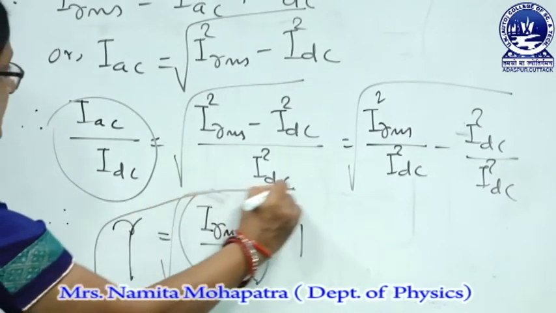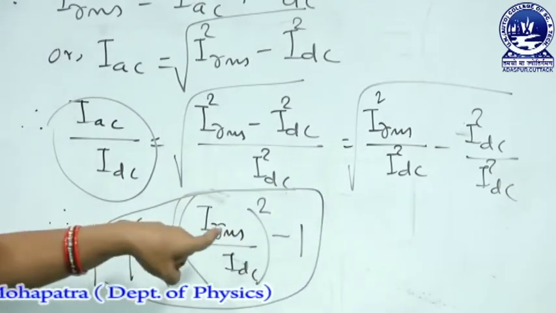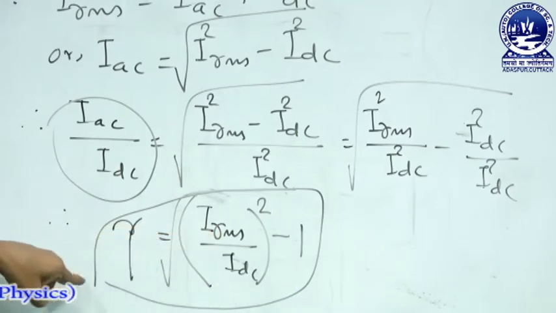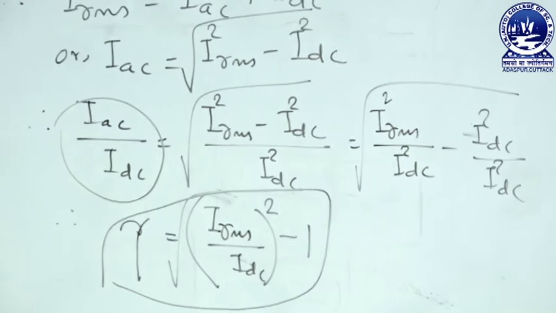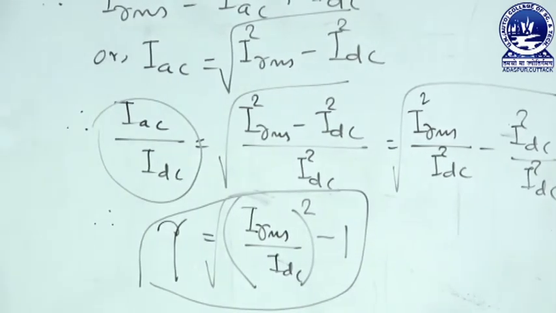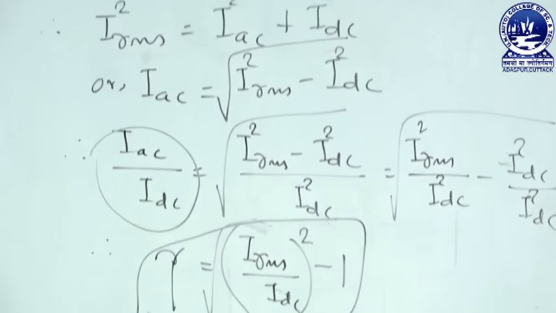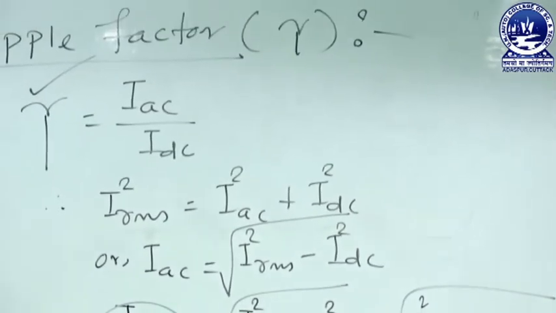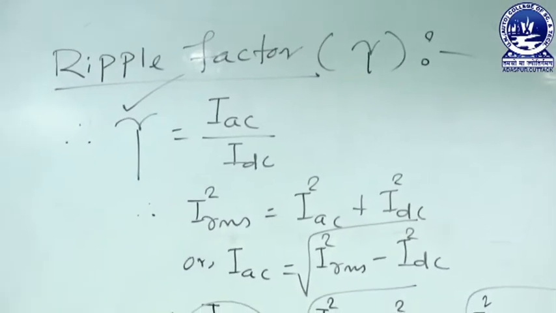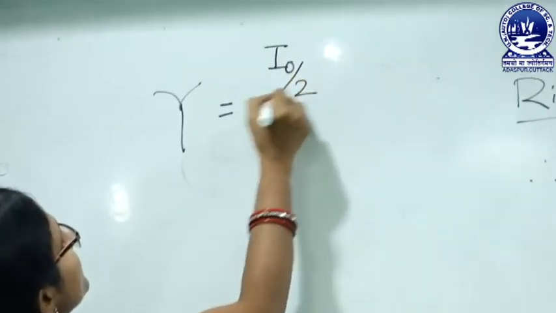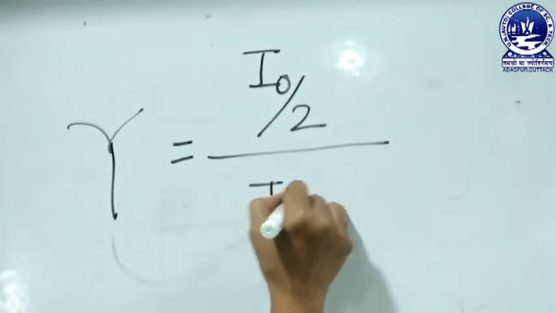Now, using this expression and putting in the values of I_RMS and I_DC, what is the value of gamma? We know I_RMS is I_0 by 2 and I_DC is I_0 by pi.